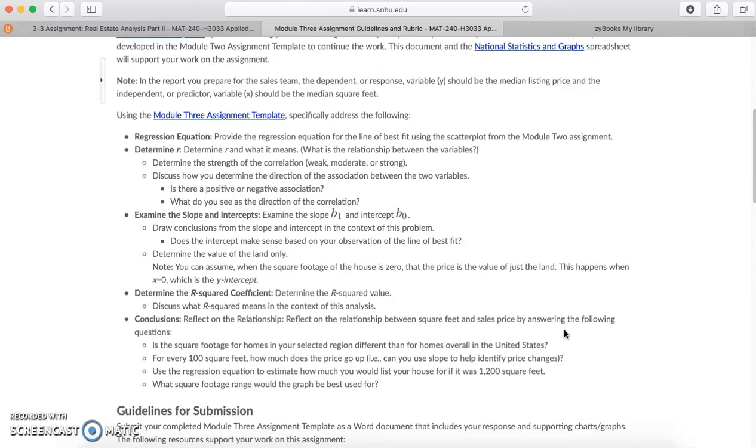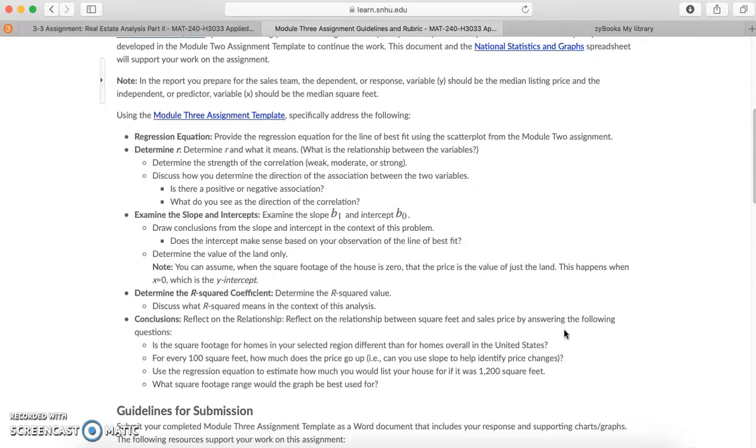So even though it's explicit, I just want to make sure you understand the concept, think about the bigger picture, and use a little bit of logic to make sure you're on the right page.